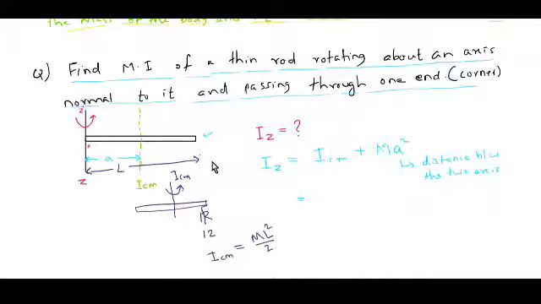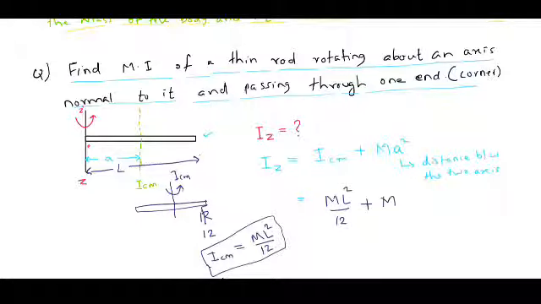Now this is m l square, this is not by 2, this is by 12. Moment of inertia about the natural axis, the axis passing through the middle of the stick, is M l square by 12 plus m.